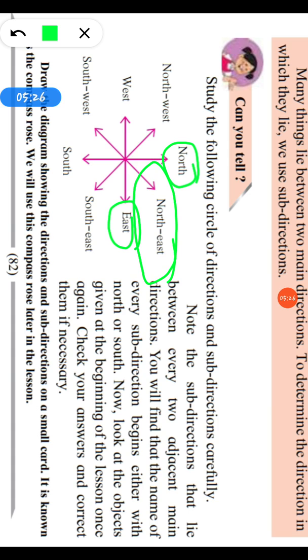We always write the subdirections beginning with either north or south. Now look at the objects given at the beginning of the lesson once again. Now we will move back towards those pictures.